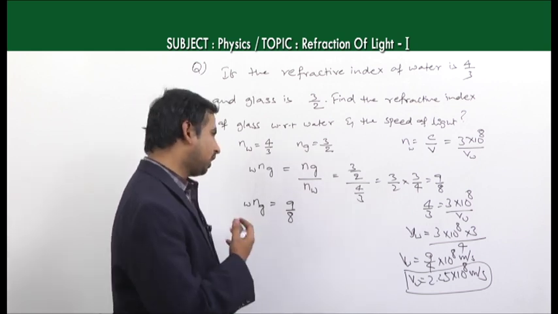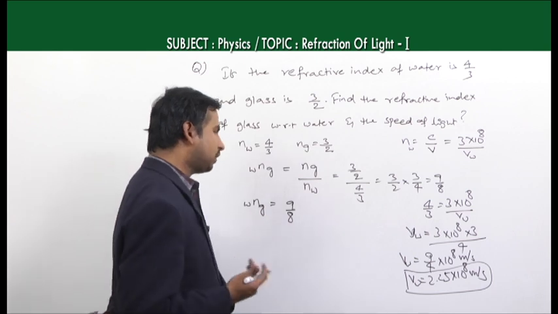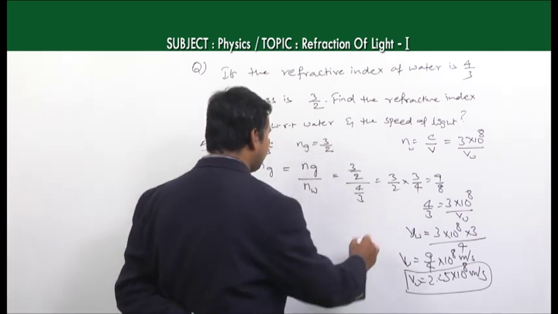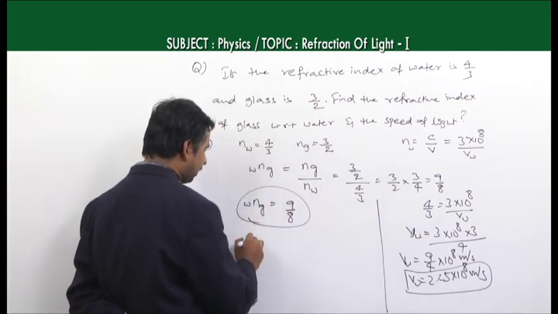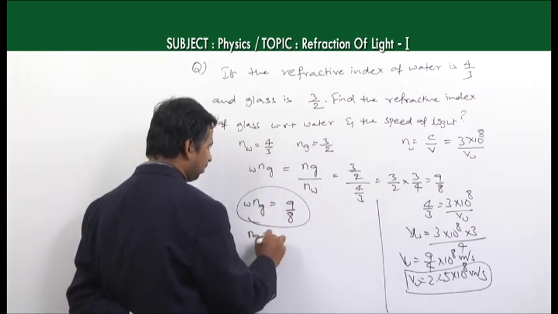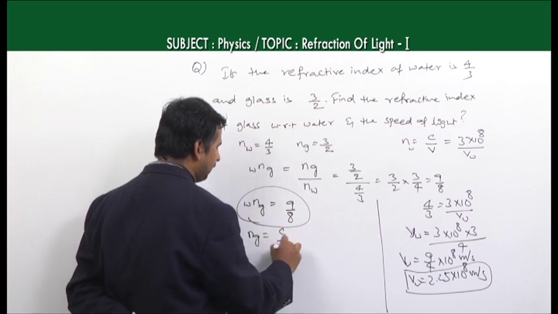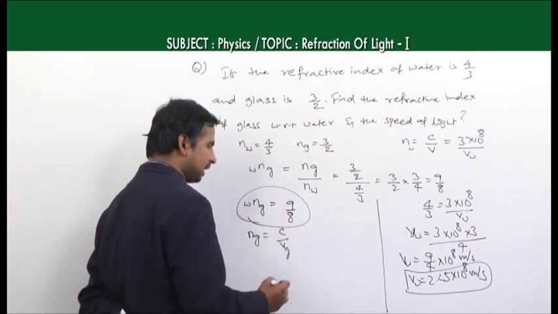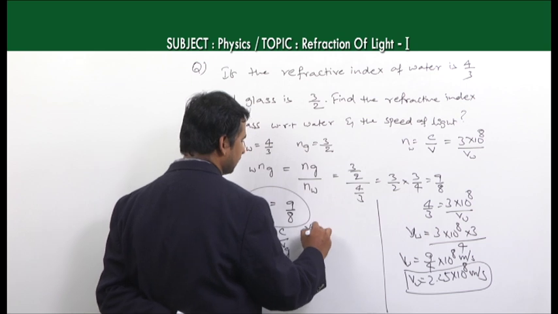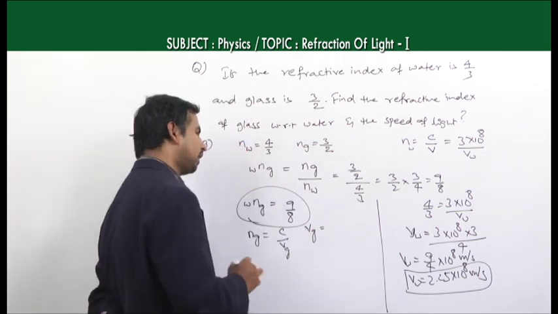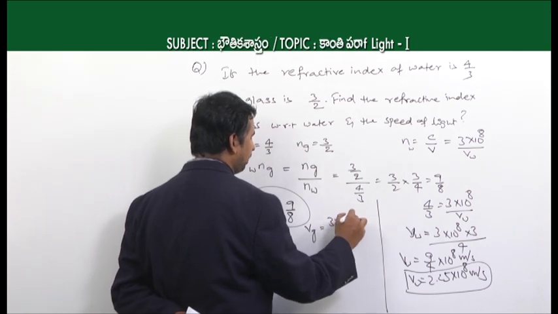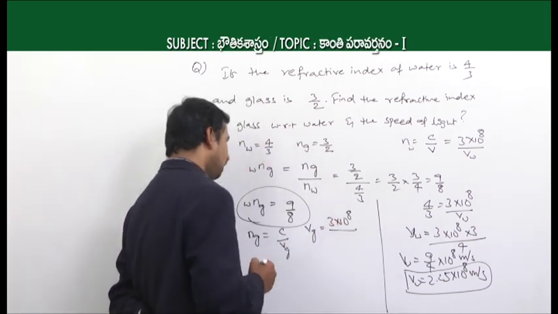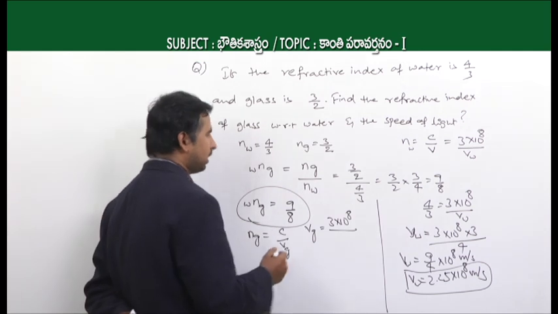Whereas if you take the case of glass, in the same way, Ng is equal to c/v, where we are finding the velocity of light in the glass. The velocity of the light in the glass is c, which is 3 into 10^8 meter per second, divided by its refractive index, which is given as 3/2.